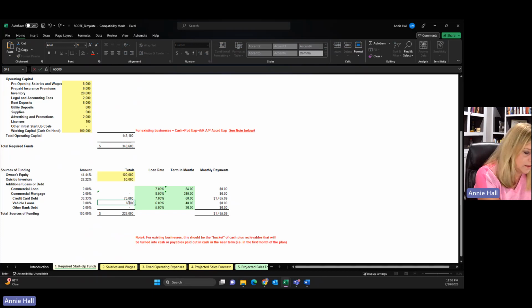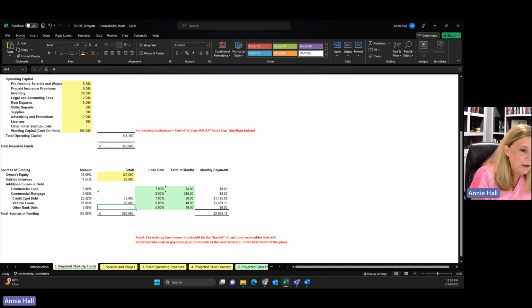So we'll get a loan for 60,000 here. So now between my family and friends, my credit cards, and the vehicle loan, I've managed to raise $285,000. So I still need, what would that be? Oh, 285. So that's 15 and 40. So I still need $55,000.